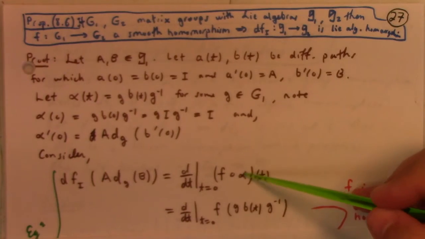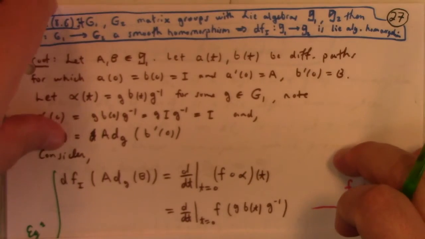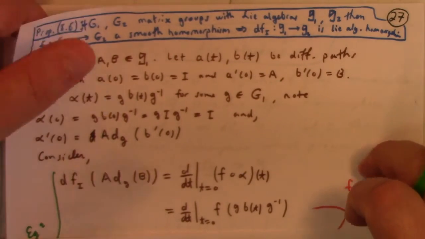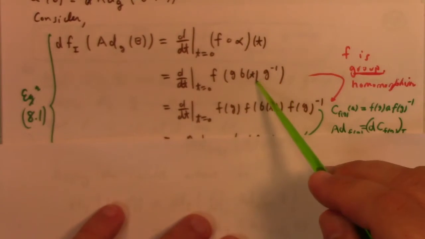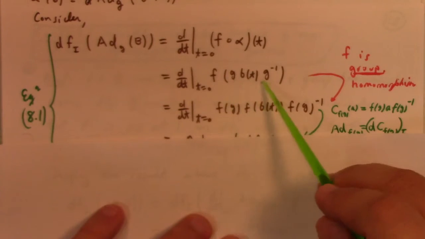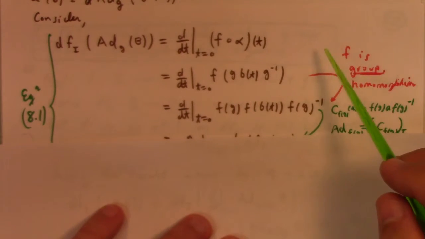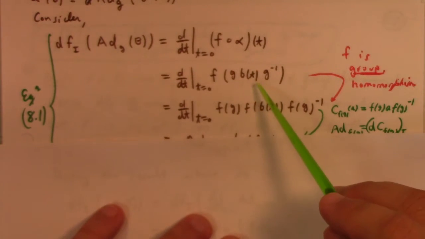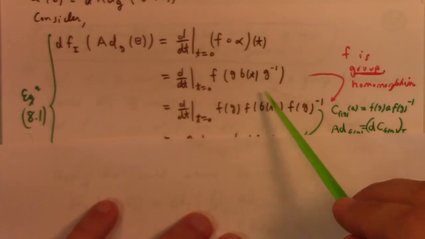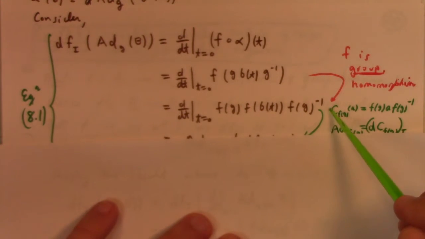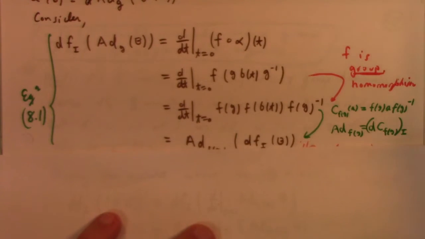But this is precisely, let me scroll up a bit here. But of course, this is precisely that, because alpha of t was conjugation by g and g inverse. But then remember, f is a smooth group homomorphism, so that is f of g times f of B(t) times f of g inverse, all right? And so then what?